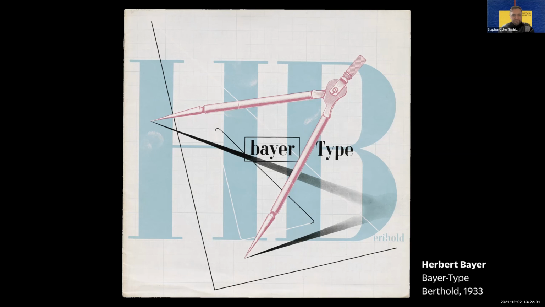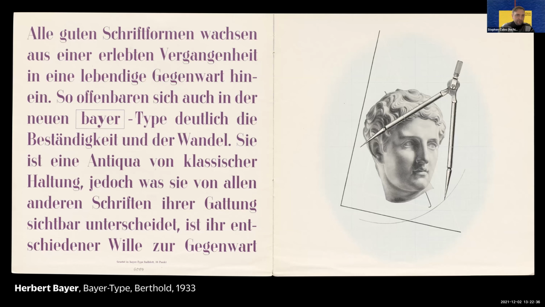This was released in 1933 by the Berthold Foundry, and we have the specimen in the show, and it's also in the online exhibition. And it does have serifs. It's playing off of his early serif experiment of universal type.